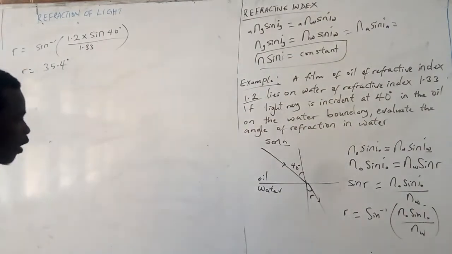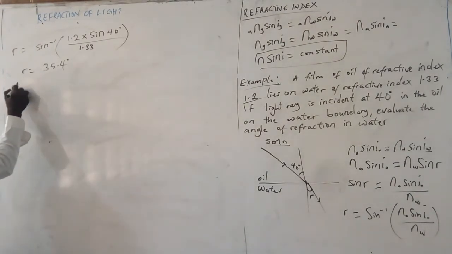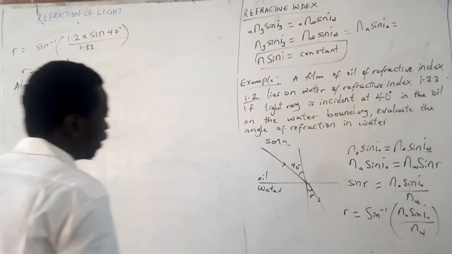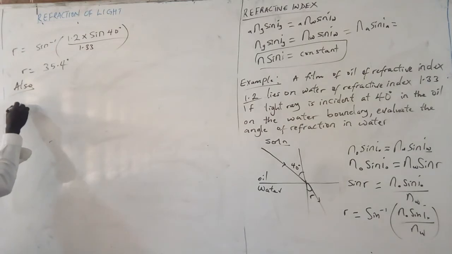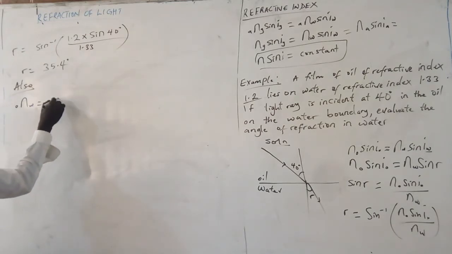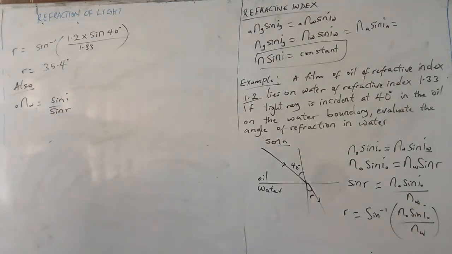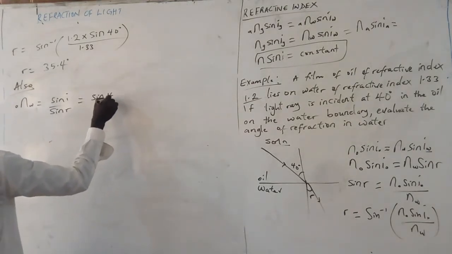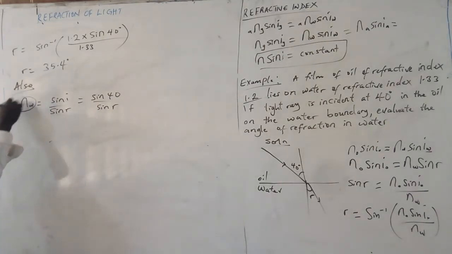Also, we can use another method to do this. Since the refractive index for these two given media, that is from oil to water, is sine I over sine R, that's according to Snell's law, which is sine 40 over sine R. But we are not given the refractive index from oil to water.